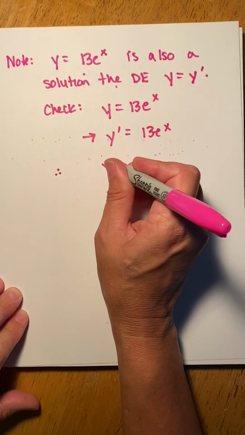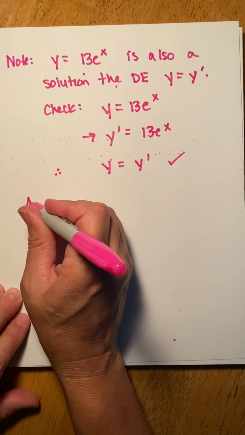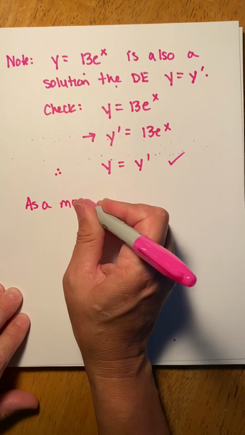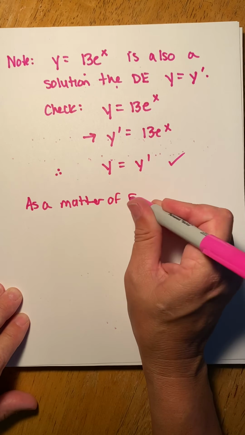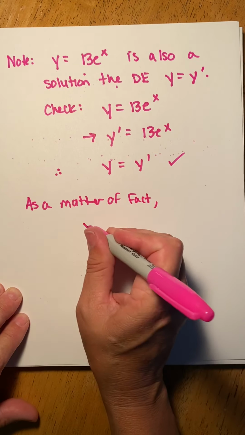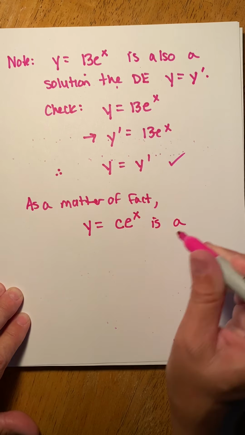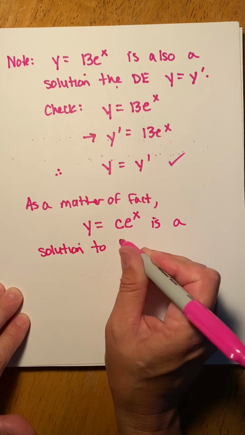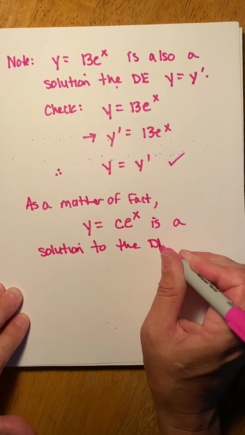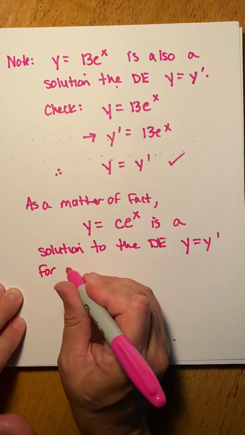So therefore, y equals y prime, right? As a matter of fact, I could have put any constant there. y equals c e to the x is a solution to the differential equation y equals y prime for any constant c.